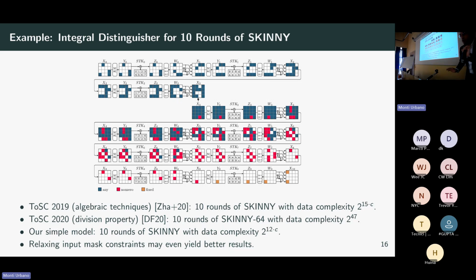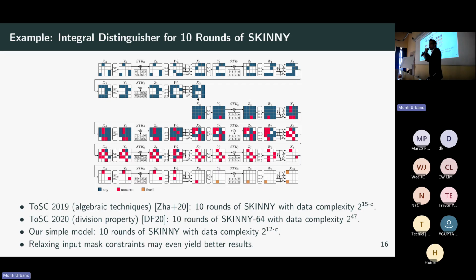But so far, I just talked about integral distinguisher or zero correlation distinguisher, regardless of the tweak schedule. We don't exploit the tweak for tweakable block cipher. In tweakable block ciphers, the attacker has full control over the tweak. But how can we find integral distinguishers for tweakable block ciphers?